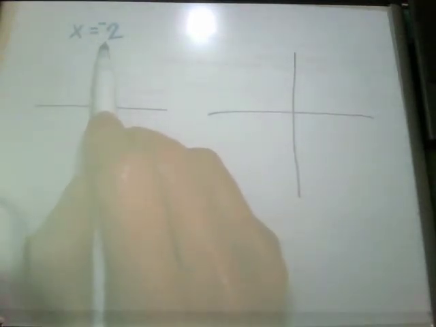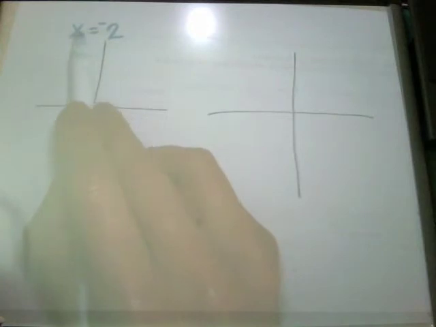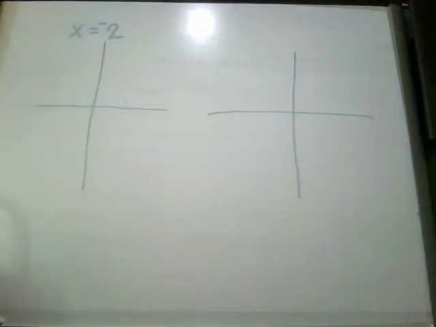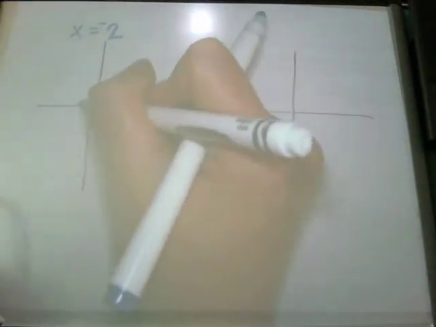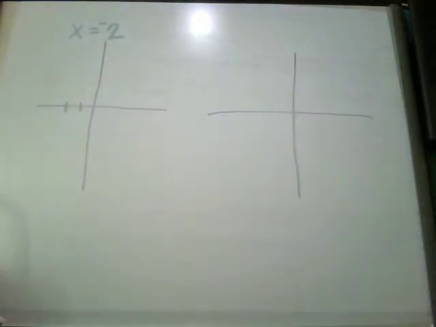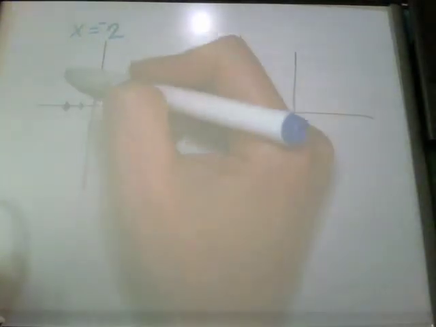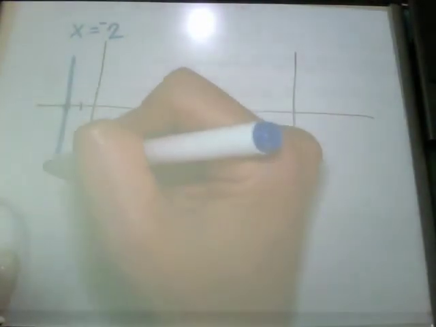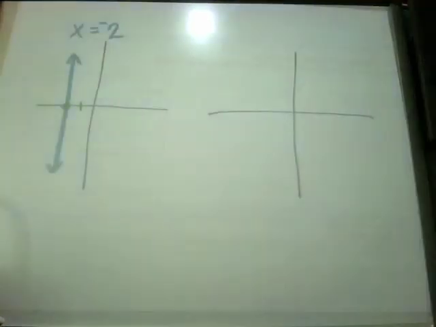Here's how this works. There's no y values, means this will never touch the y-axis. If it says x equals -2, we go on the x-axis to -2. And if it's never going to touch the y-axis, what that means is this is a completely vertical line.